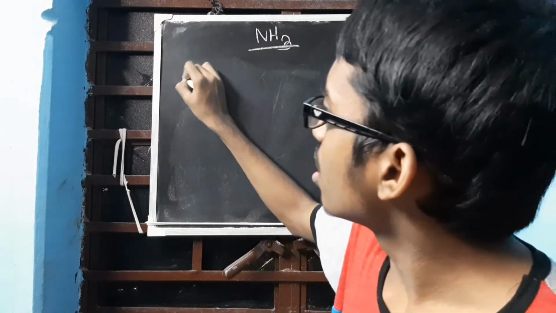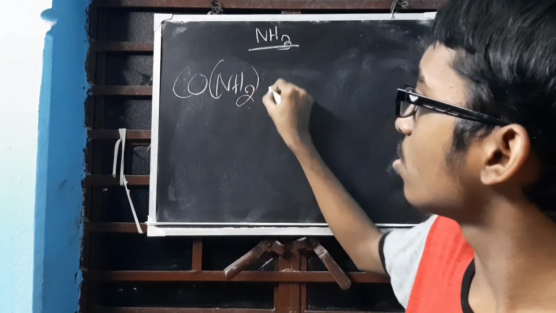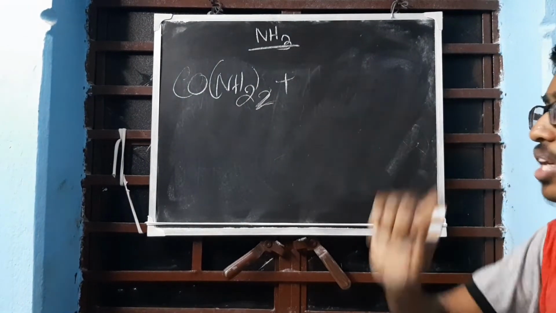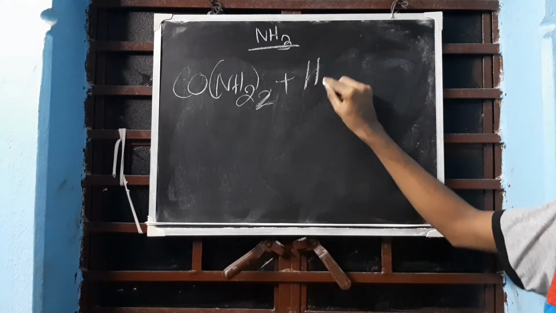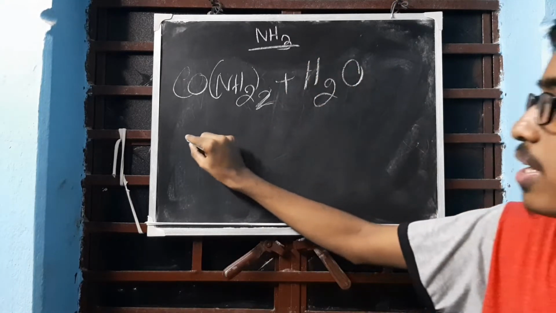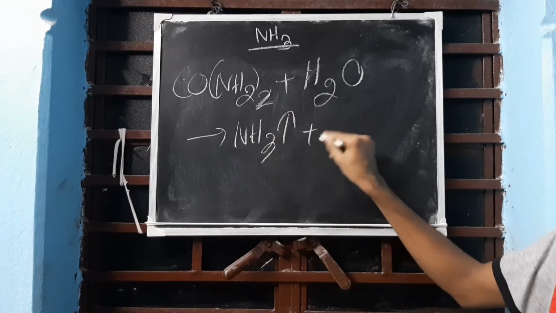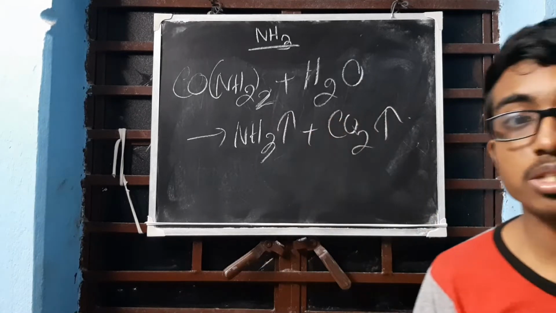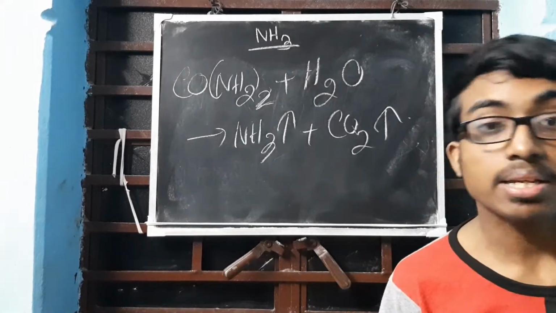See, if we take urea, NH2CONH2, if urea comes in contact with moisture, then it will give rise to this gas plus this gas. You know this already. This is decomposition of organic substance by bacteria.